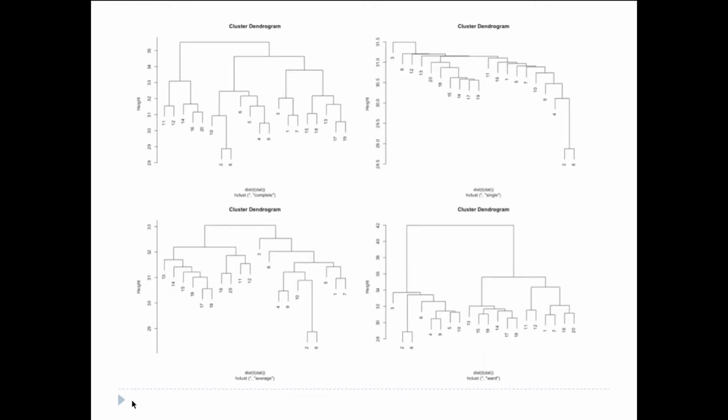We actually know what the real thing is going on. Ideally, there should be 2 branches with 10 samples in each, because that's the way I designed it. That's not actually true for any of these, right? So we know it's wrong, and it's a question of how wrong it is. Maybe this one isn't that wrong.